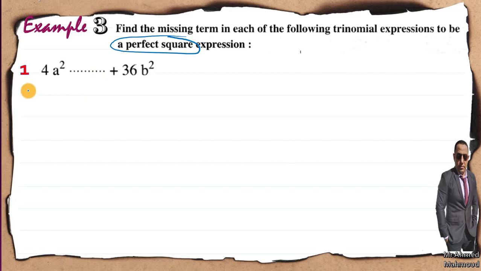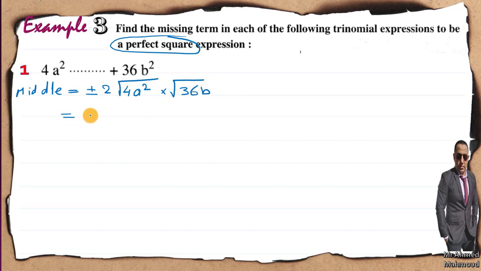The middle equals what? The middle equals negative or positive 2 square root of the first, which is 4a to the power of 2, times square root of the third, which is 36b to the power of 2.